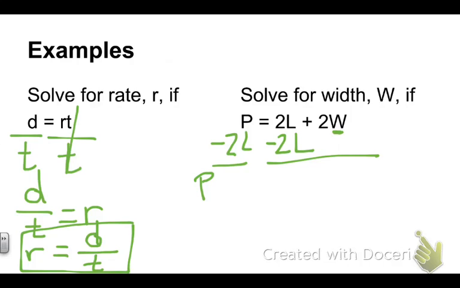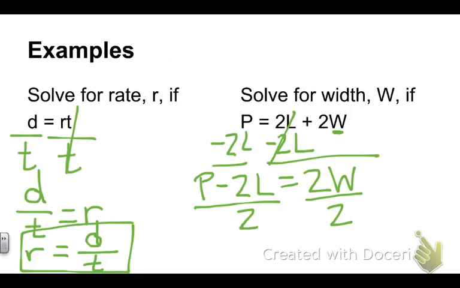So we're left with P minus 2L is equal to, these are going to leave you with nothing but a positive 2W. And now I want to solve for W. W is being multiplied by 2, so do the opposite, do the inverse of multiply by 2, divide by 2.